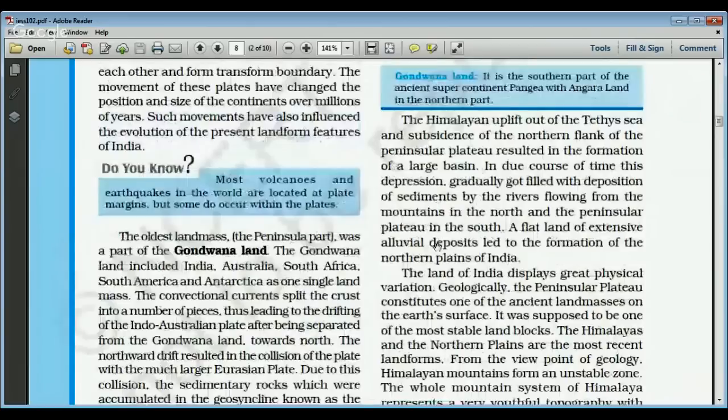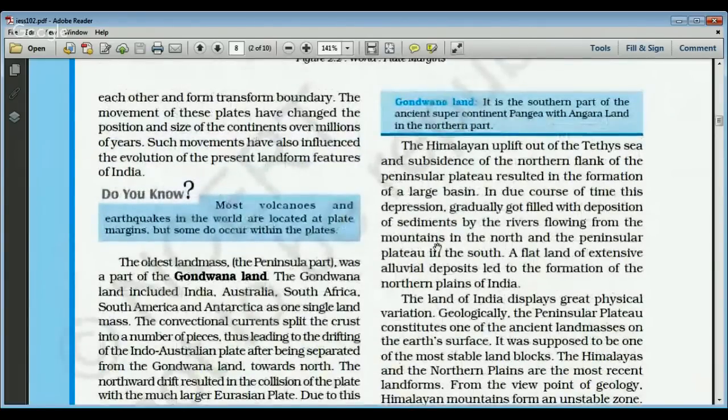We will see all these terms, that is Gondwana, Angara, Pangaea and Peninsula, in class 11 geography. For this chapter, you can know that in ancient times it was believed that there was a supercontinent known as Pangaea, and a super ocean known as Panthalassa.